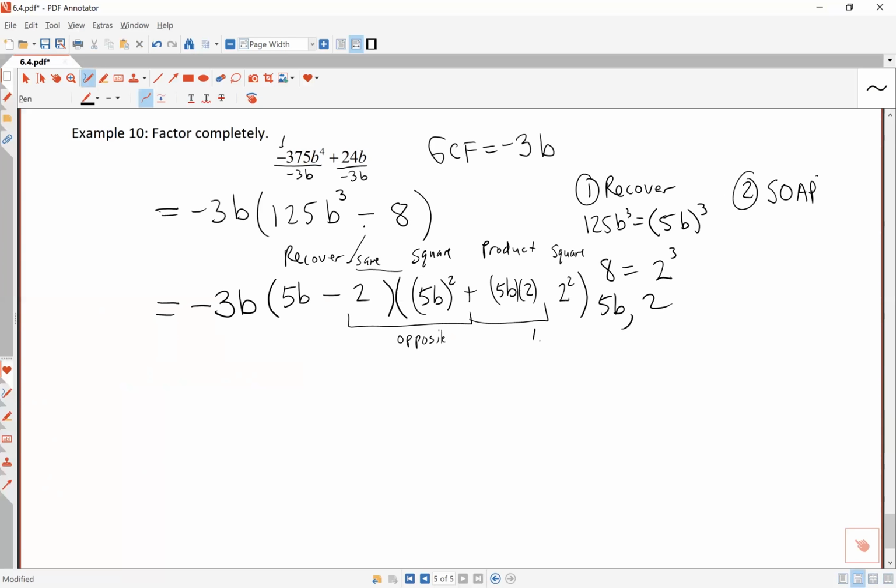And the last one is always positive. We've got negative 3b, 5b minus 2, and 25b squared plus 10b plus 4.